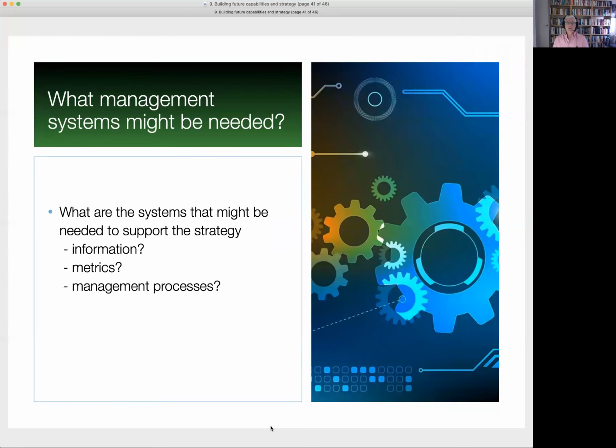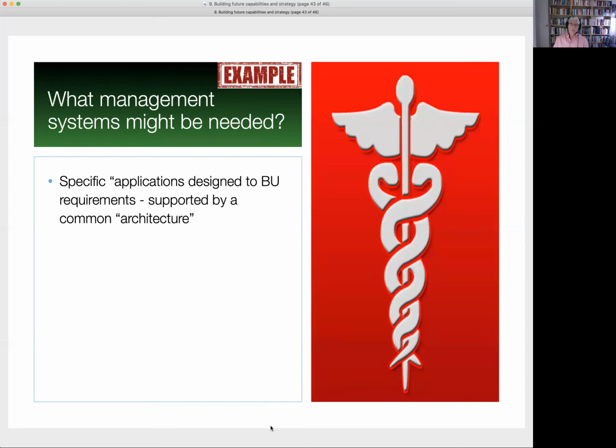And then the last element of the play to win is, what management systems do we need? So what are the systems that could be needed to support the strategy, like information, the metrics, the KPIs, and the management processes? And what kinds of things are we going to need to put in place to support this organization? And here what we did is we said, well, what we needed to do is to think quite carefully about the information architecture.